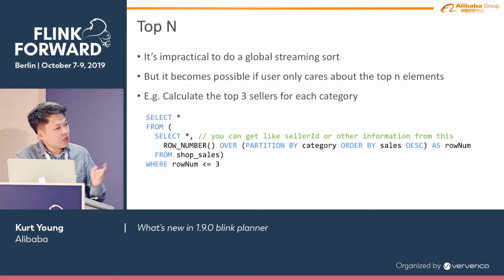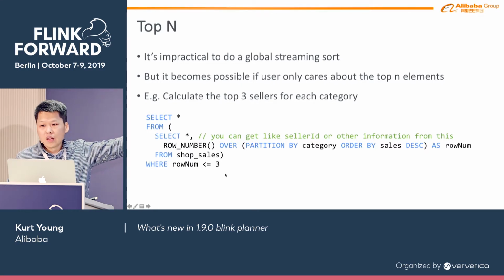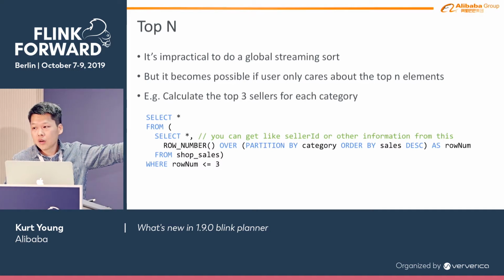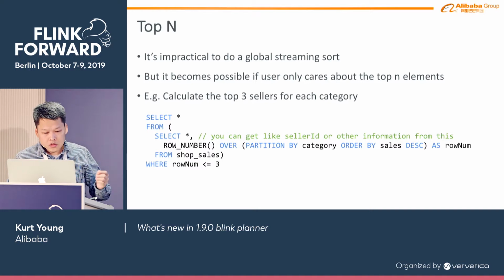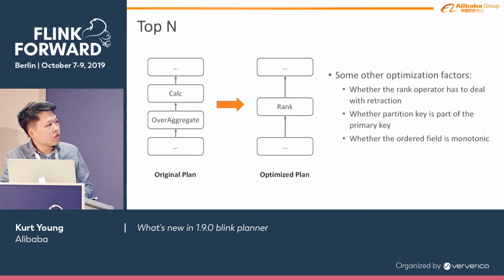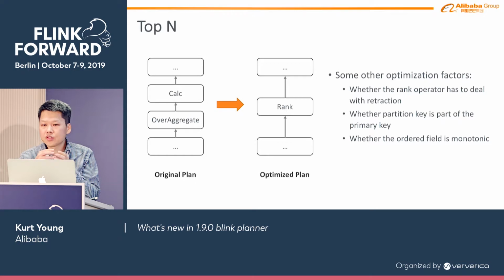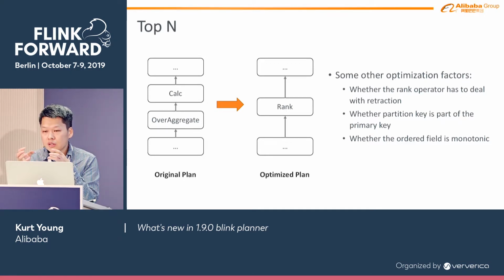After Flink sees this query, the inside query is actually the same situation I mentioned: a global sort on an arbitrary field. What can we do about it? It's crucial for us to find the pattern that this over window is followed by a filter condition.